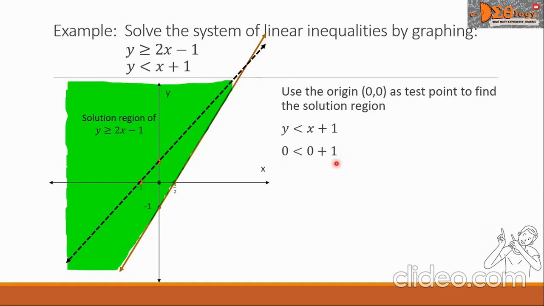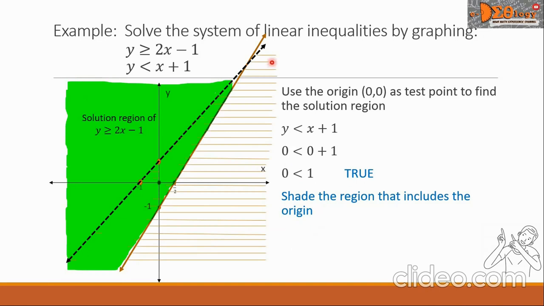Simplifying our right side, we have 0 is less than 1. And this is a true statement. It means to say we're going to shade the region that includes the origin. In our discussion, I'm going to use lines to shade the region. And this is now the shaded region of the second inequality.